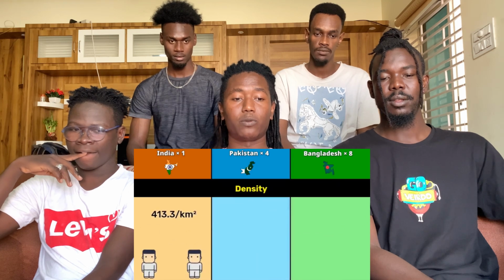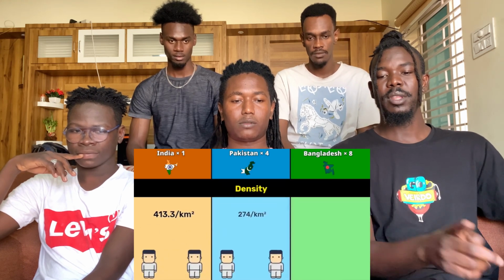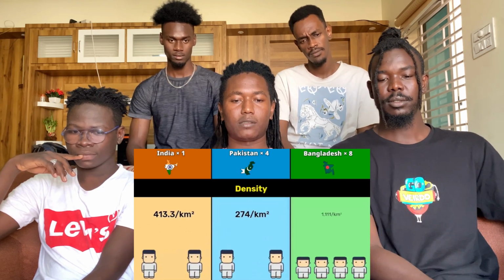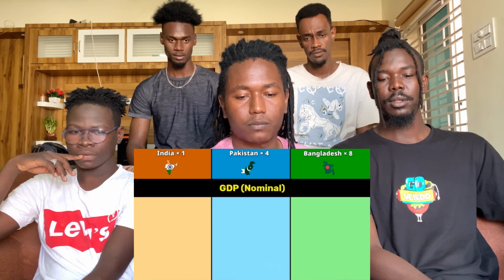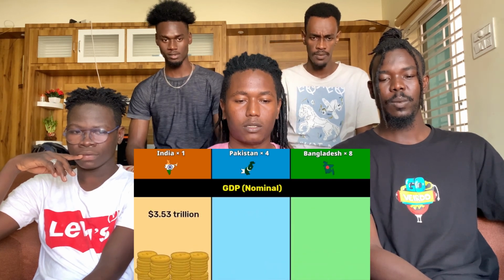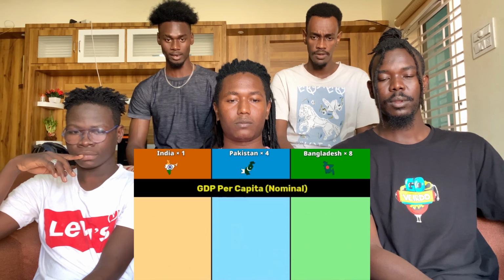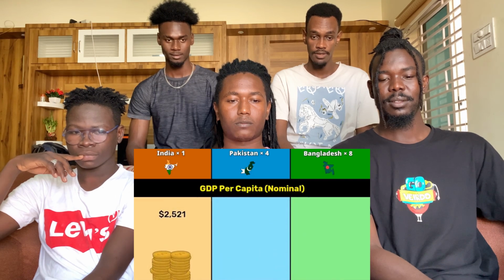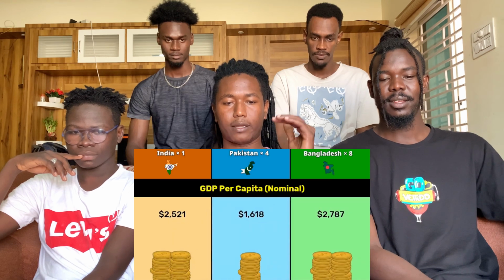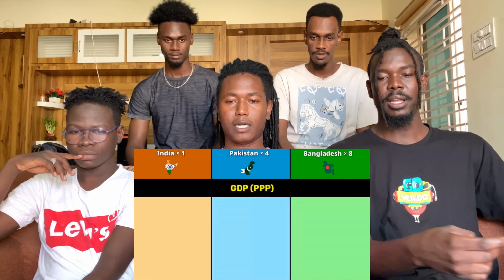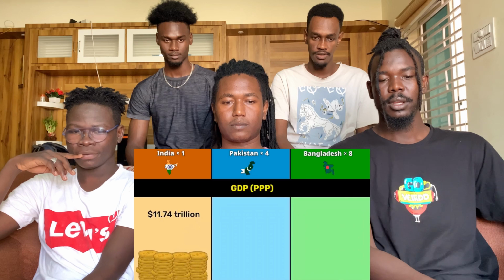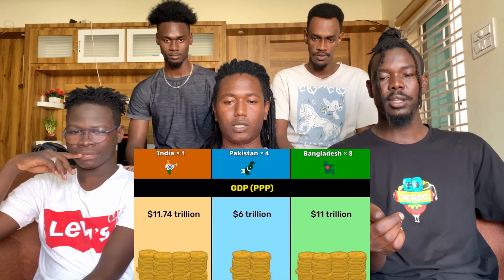Density 413.3 per square kilometer, 274 per square kilometer, 1111 per square kilometer. GDP nominal $3.53 trillion, $1.5 trillion, $3.68 trillion. GDP per capita $2,521, $1,618, $2,787. GDP PPP $11.74 trillion, $6 trillion, $11 trillion.